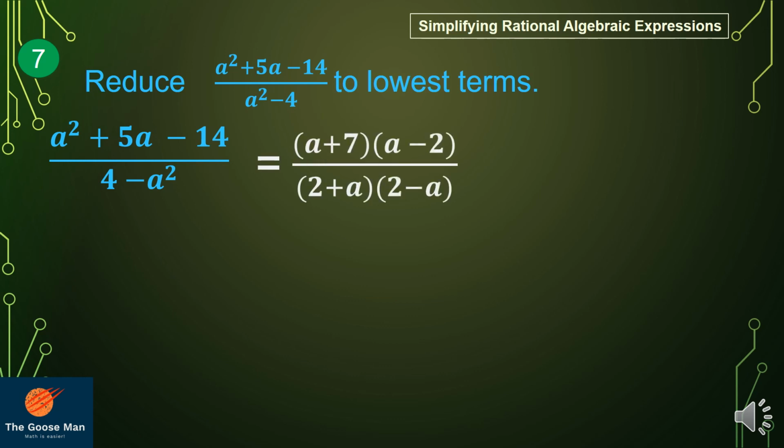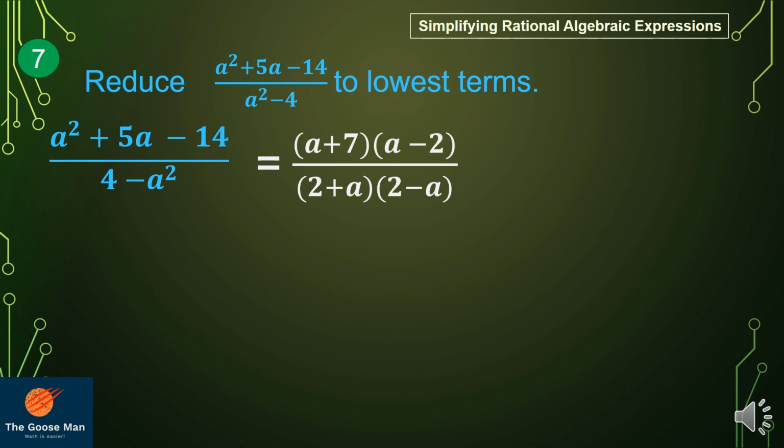So again, to factor the numerator, let's have the factors of a squared, so we have a and a, and the factors of 14 are 7 and 2. These are the factors of the quadratic trinomial, because 7 times a is 7a, and a times negative 2 is negative 2a, and added together, we have 5a.